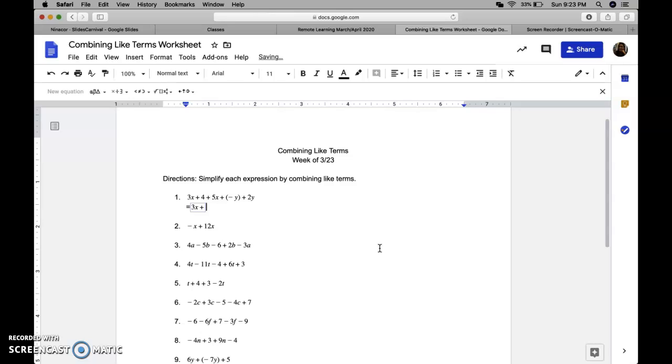So the way I'm going to do this problem, 3x plus 4 plus 5x, that's the same as 5x plus 4. And we know that because addition is commutative, you can switch the two things that are being added and it's still the same, right?